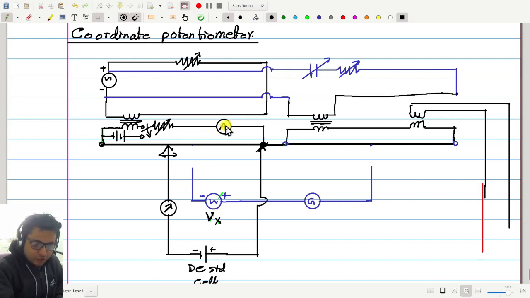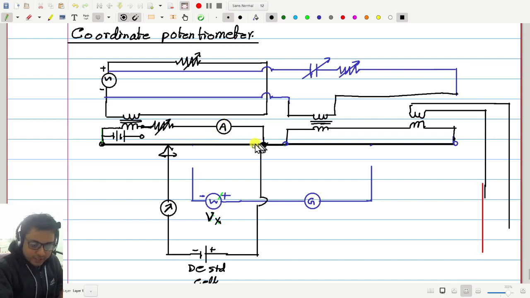After you record this value, now you switch it back to AC. Now when you have AC, again you adjust this rheostat, and get back the same value of ammeter reading as before.